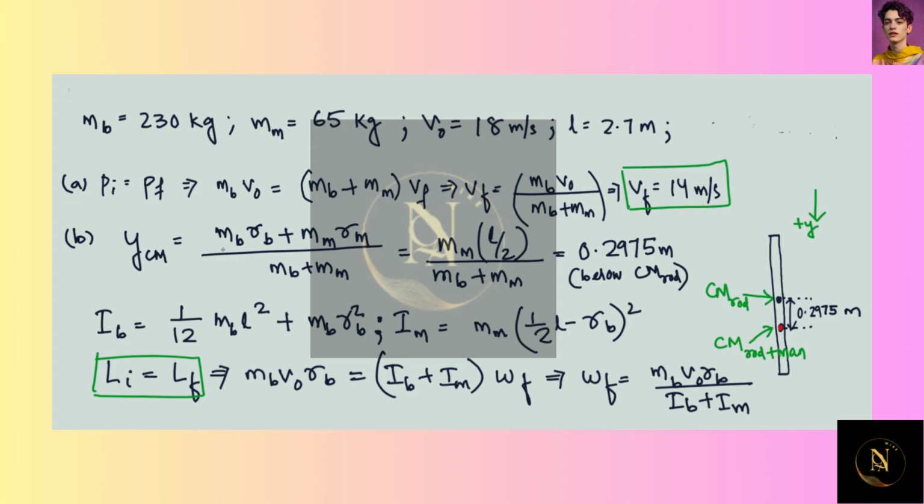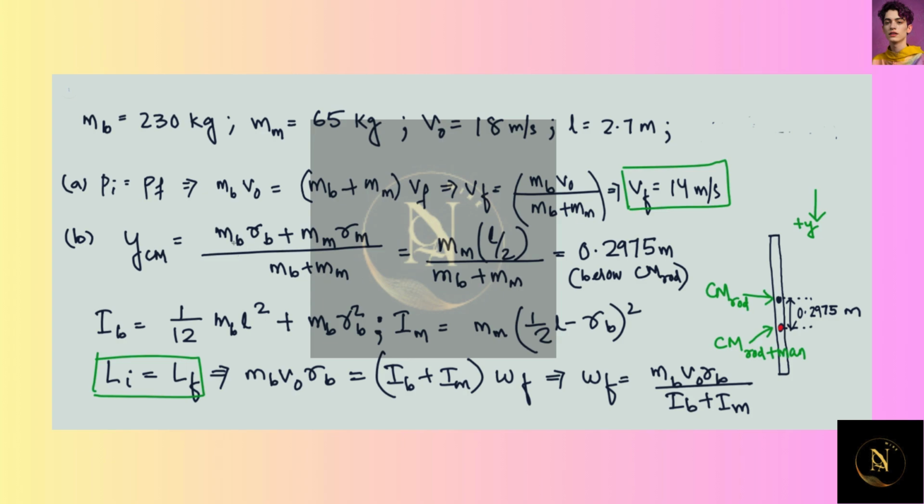So y center of mass is the summation of the mass times the radius of each of the components over the total mass. So we have m_b times r_b plus m_m times r_m over m_b plus m_m.